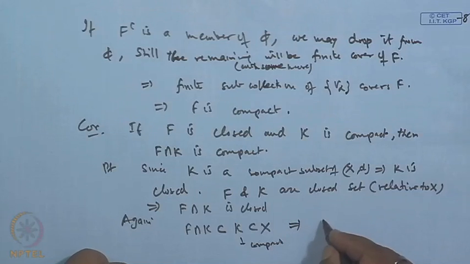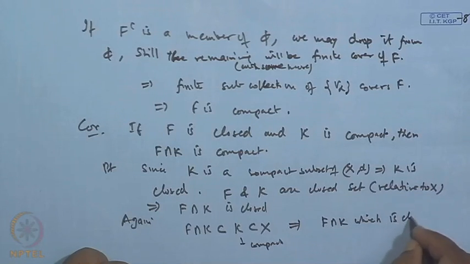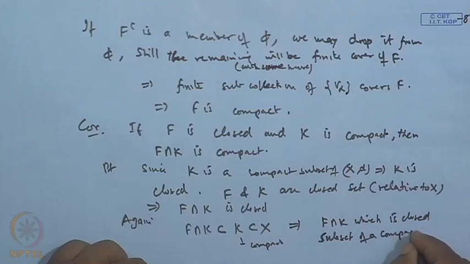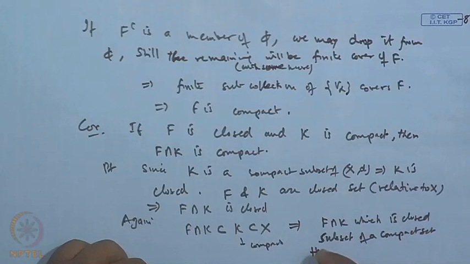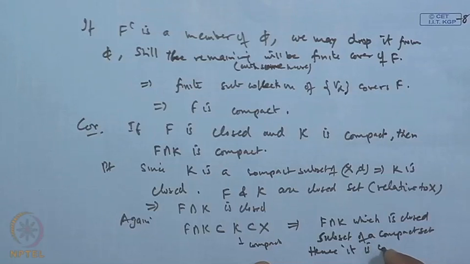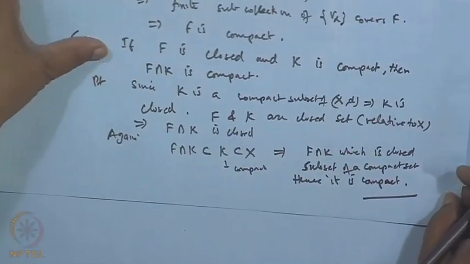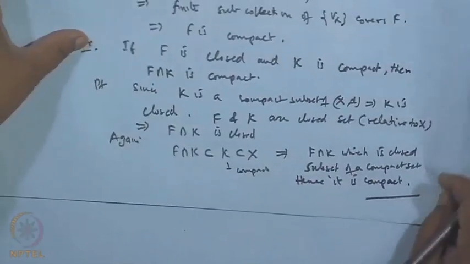So this implies F intersection K, which is a closed subset of a compact set, hence it is compact. So that proves it.